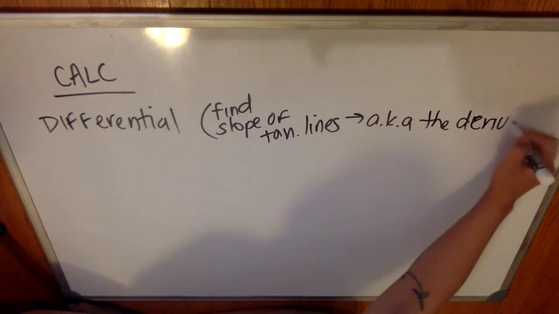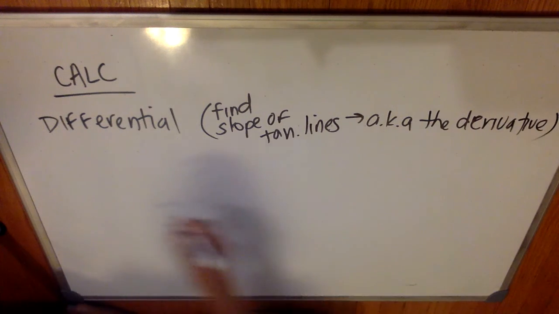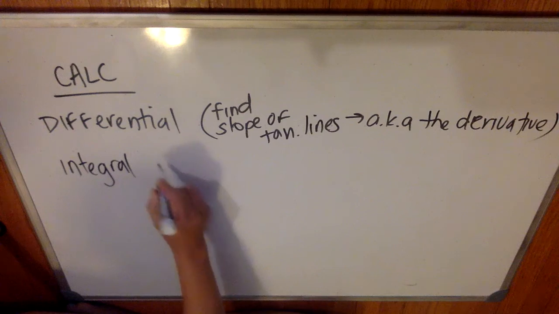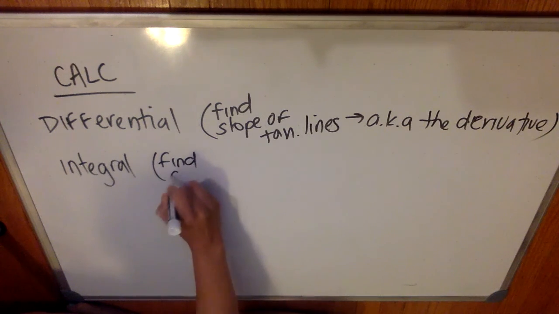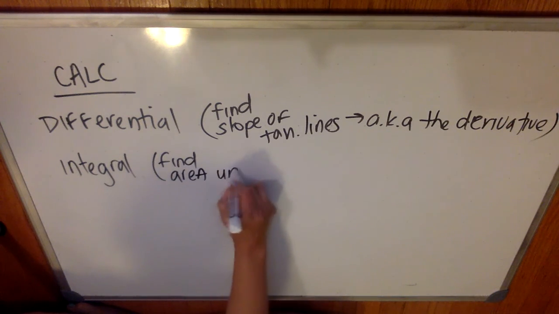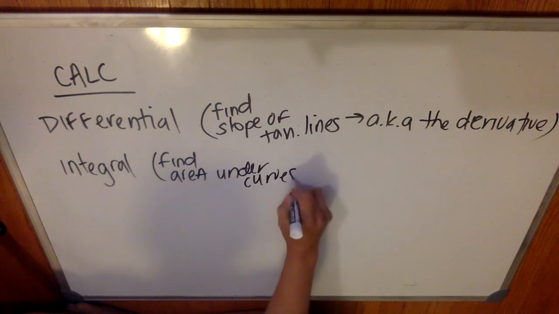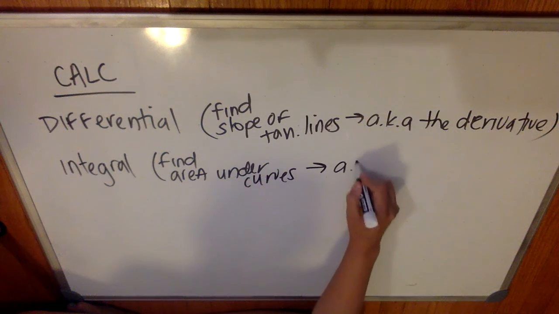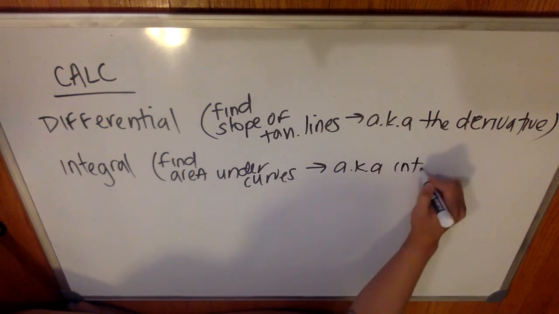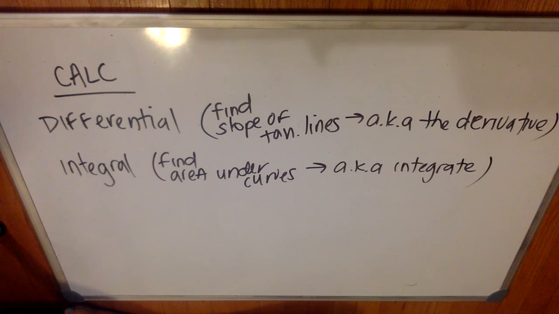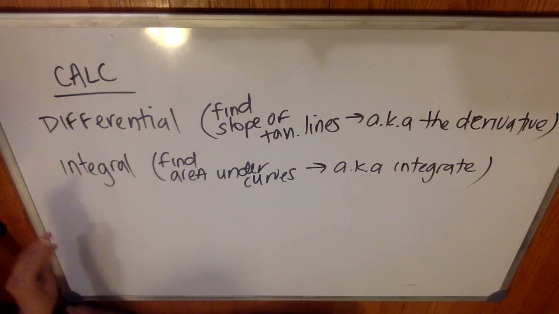And then integral calculus, where we find the area under curves, and that's called integration. So we integrate. Essentially those are the two categories of calculus.